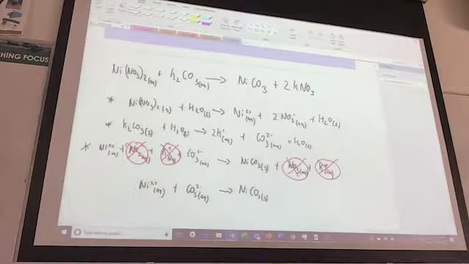So that would be the ionic reaction that we would write. Because the nitrate and the potassium are spectator ions. They're on both sides of the equation, so they're not involved in the reaction. Okay? Hang on, we'll go.